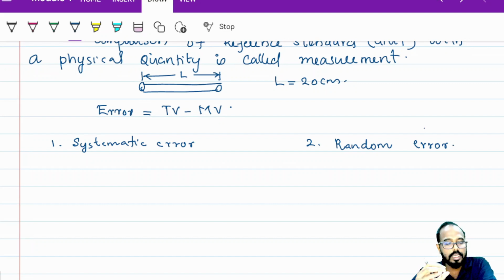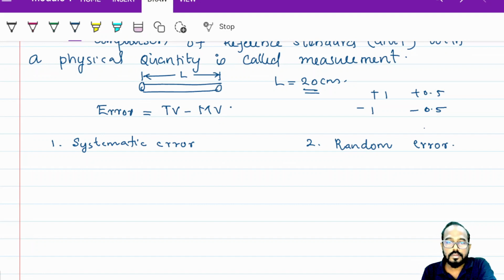The systematic error happens in one direction only. One direction means what? If this is 20 centimeter and there is a systematic error, the reading may be +1 or -1, or plus 0.5 or minus 0.5. It will be in either one direction, plus or minus. It is a constant error.